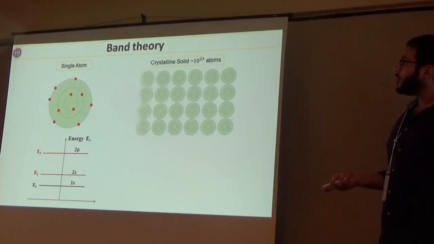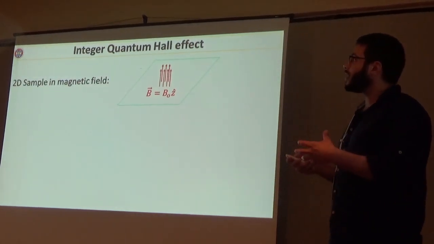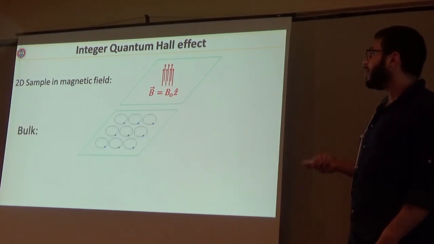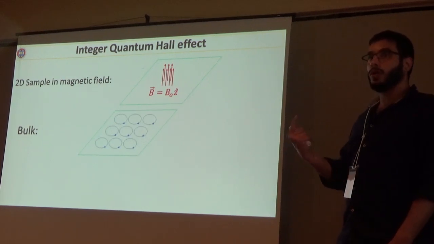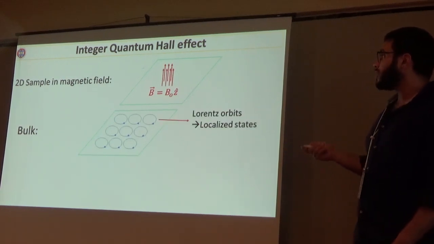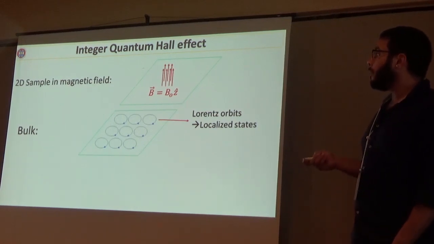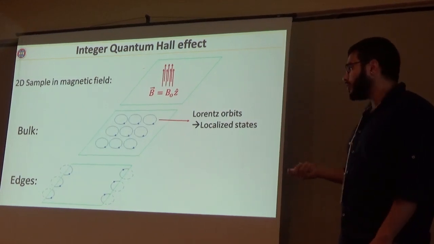Now I'm going to tell you about the integer quantum Hall effect, where if we take a 2D sample and put it in a perpendicular magnetic field, in the bulk of this material the particles will complete Lorentz orbits, and this corresponds in the quantum theory to localized states. But at the edges of the material something interesting happens.